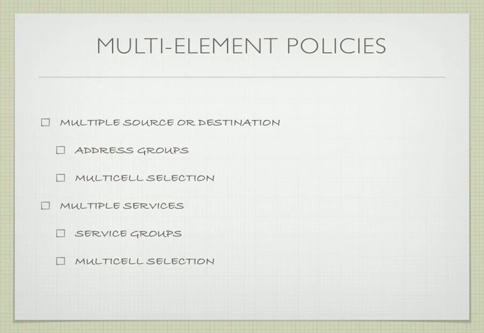If you don't use the service group, you can go in and do a multi-cell selection in a policy to put multiple services on the same policy. But however you do it, if you have multiple addresses or multiple services, you don't need to create multiple policies. You can create a single policy and apply that same policy to multiple addresses or multiple services.